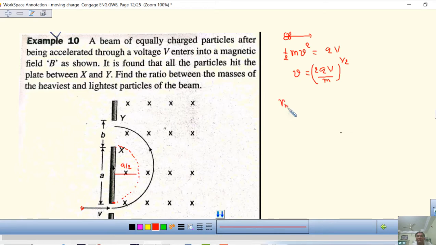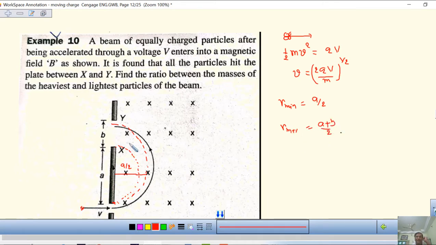So r minimum is a by 2. And how much will the maximum be? It will go like this. So maximum radius is a by 2 plus b by 2. So that is r maximum, I can say a plus b by 2.